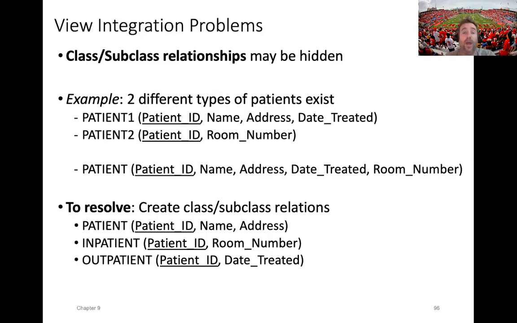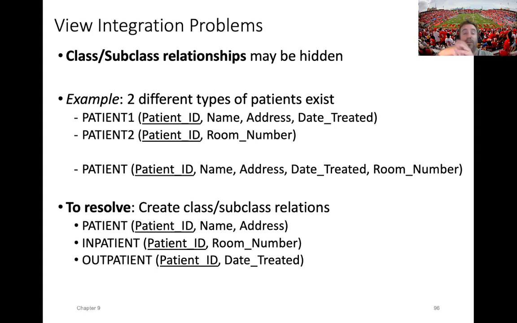We can also be aware that our class and subclass relationships may become hidden as a result of being merged. And again, I think we saw this in the assignment as well. So we've merged patient 1 and patient 2, thinking that these are the same data, but actually patient 1 was for an outpatient and patient 2 was for an inpatient. And as a result of doing so, we actually lost that difference, those nuances.